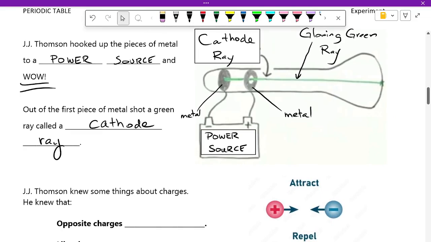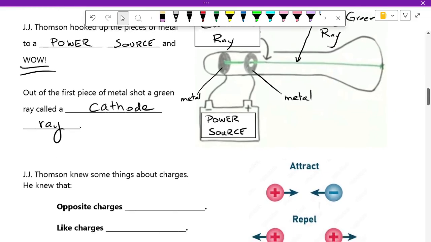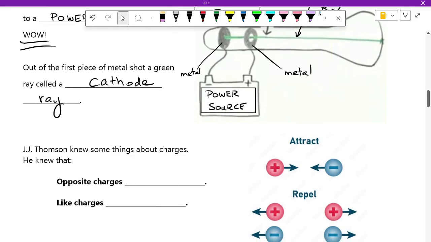And J.J. Thomson knew something about charges. He knew, just like you guys know, that opposite charges attract, and like charges repel. So you can see we've got a positive and negative attracting, and positive repelling positive, negative repelling negative.